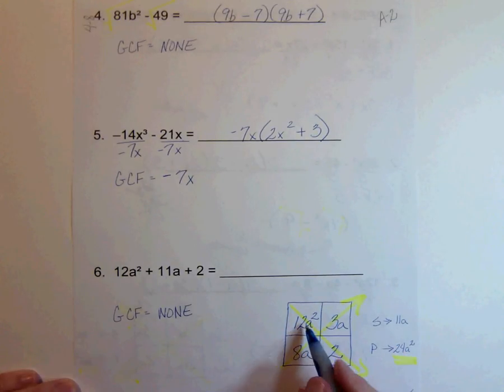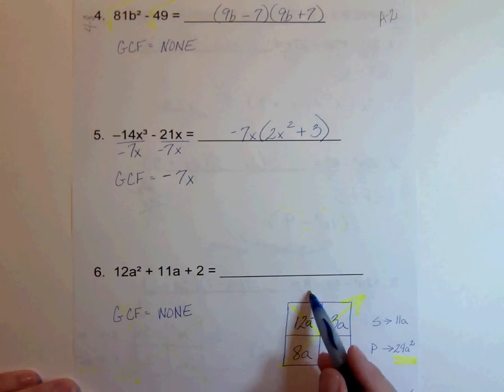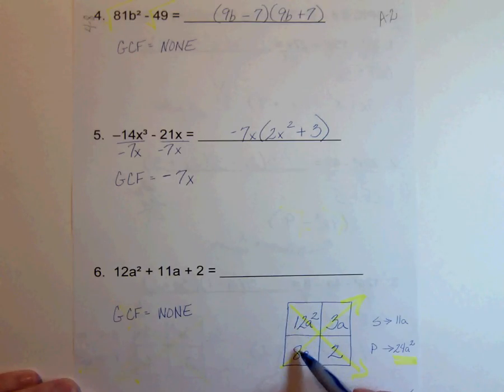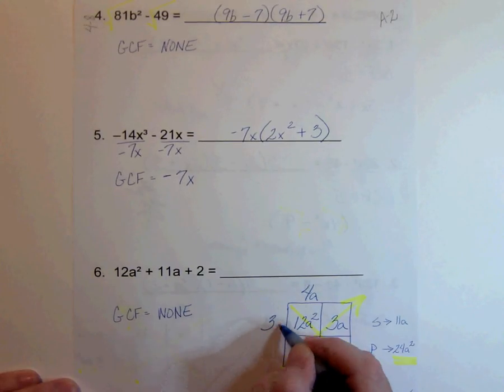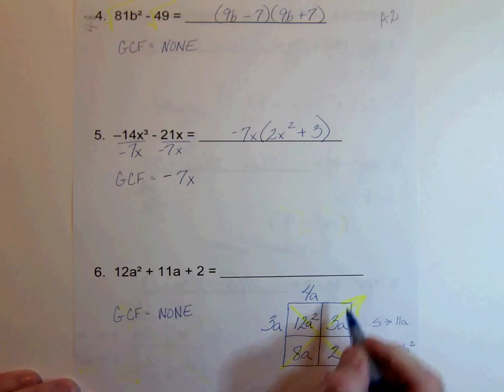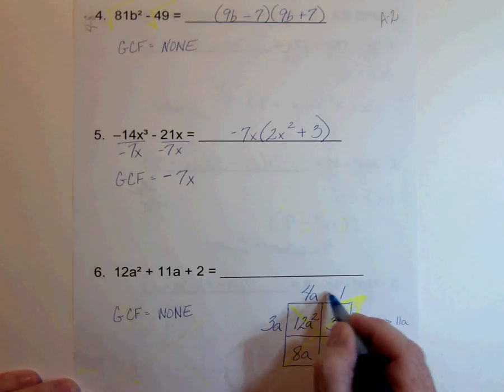Alright, so again, you're looking at where our numbers are going to come from. This one's a little bit trickier, but think, if I'm breaking 12 into its factors, I've got to think of something that's going to go into 12 and into 8 that's a factor of 12. And the only thing that could be is the 4. So your 4a is going to go here. Your 3a can be multiplied here with just a positive 1.